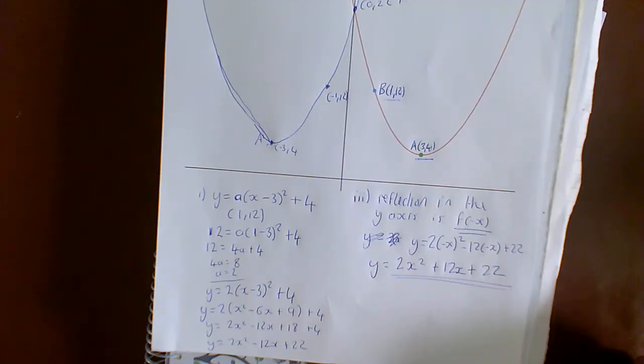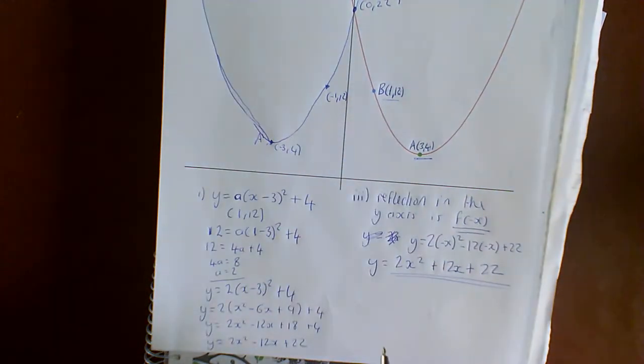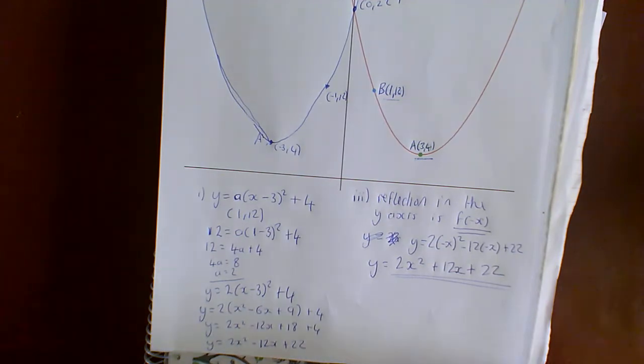So we just replace x with negative x. We could show that another way as well. We could use the completed square form like we did in the previous question. There are always several ways to look at a maths problem.